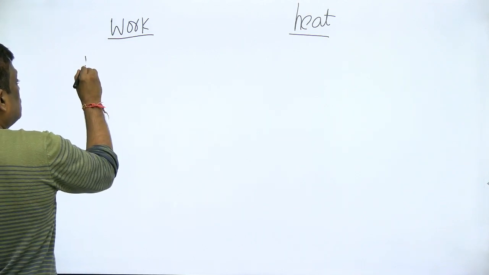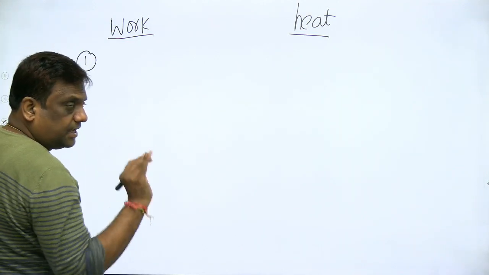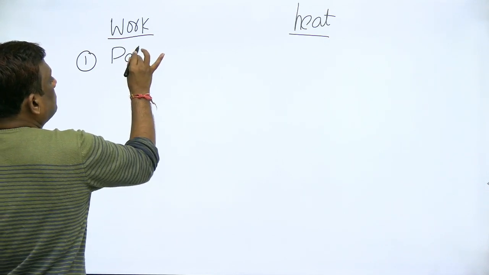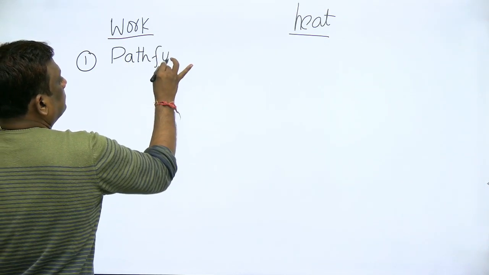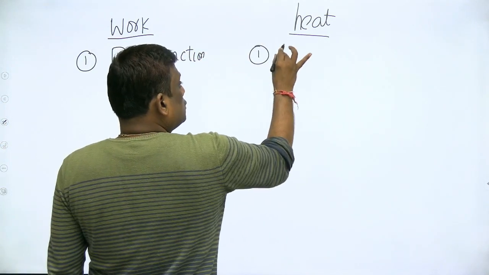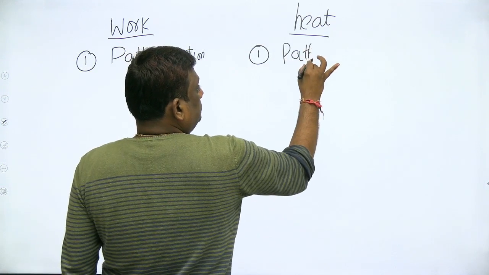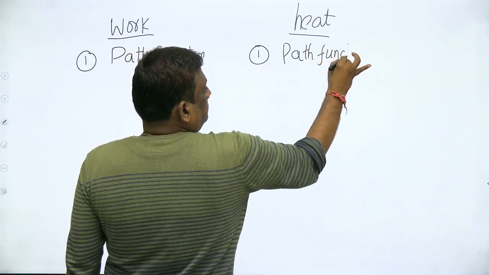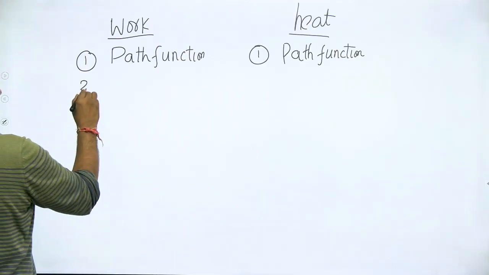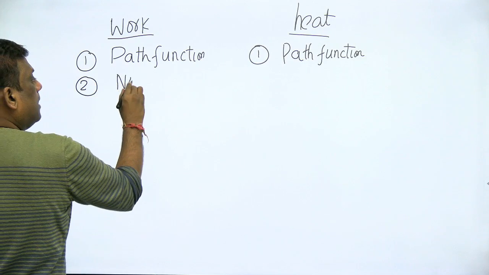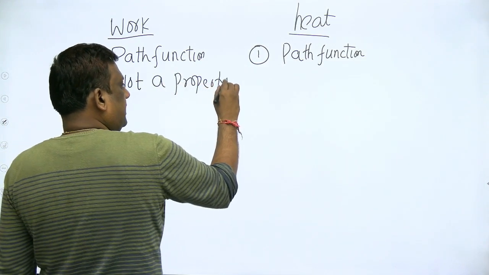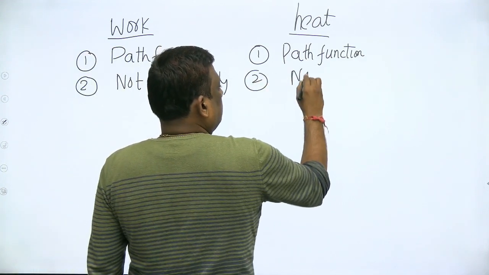Listen carefully, the first similarity: it is a path function. It is also a path function, as you have just seen. Second, it is not a property. Definitely, it is also not a property.